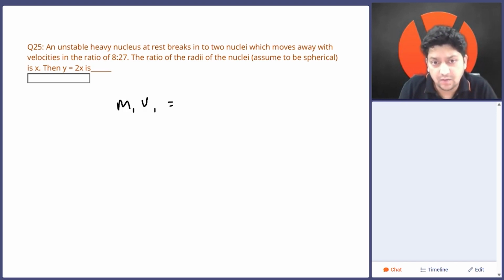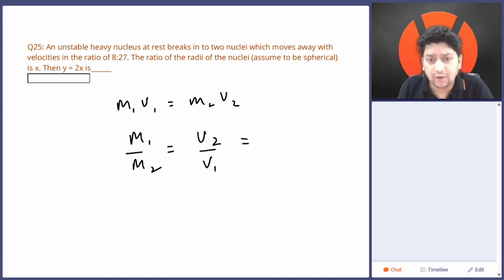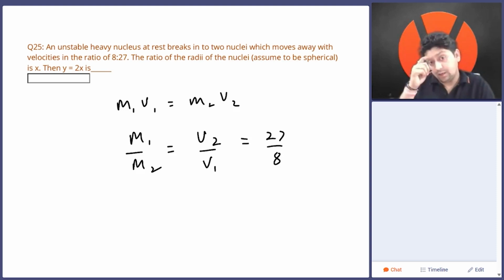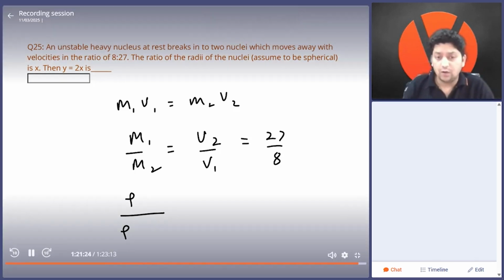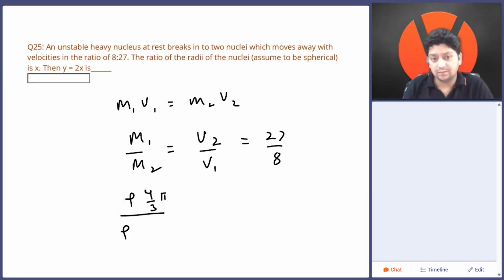So m1 v1 will be equal to m2 v2. Now m1 by m2 is equal to v2 by v1. The ratio of velocities is given, that is 8 is to 27, but since we write v2 over v1, I'll be writing 27 by 8. And we know mass is density of the nucleus, which will be the same, into volume, and volume is 4 by 3 pi r1 cube over 4 by 3 pi r2 cube, equal to 27 by 8.